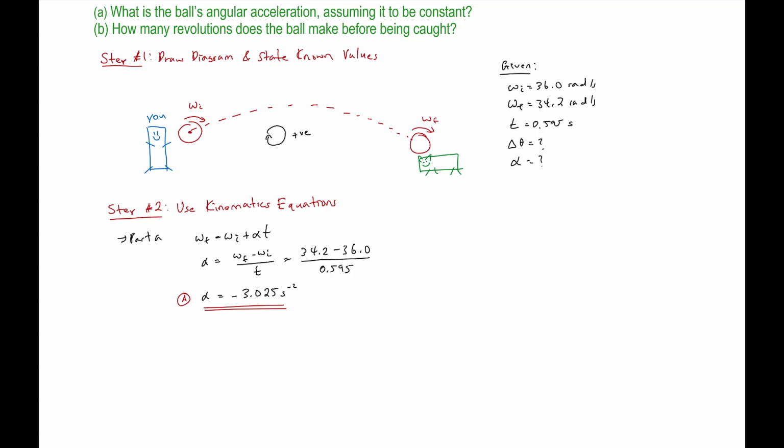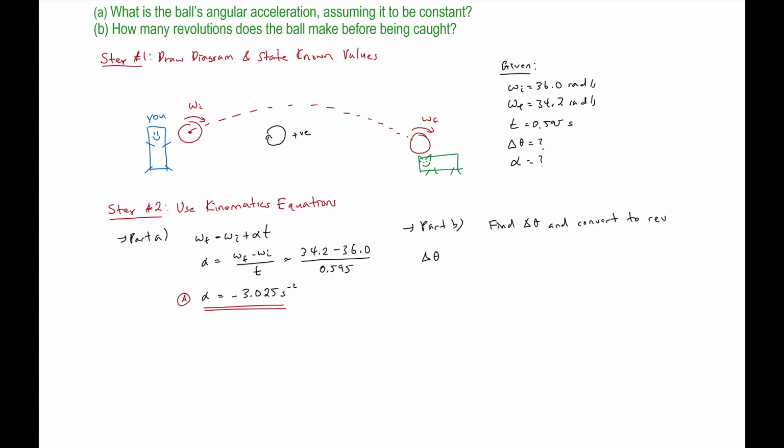Next, we want to solve for part B. Part B is asking us to solve for the number of revolutions that the ball makes before it's caught. So we're going to have to find the angular displacement delta theta and then convert it into revolutions. So first step is to find delta theta in radians and then convert to revolutions.